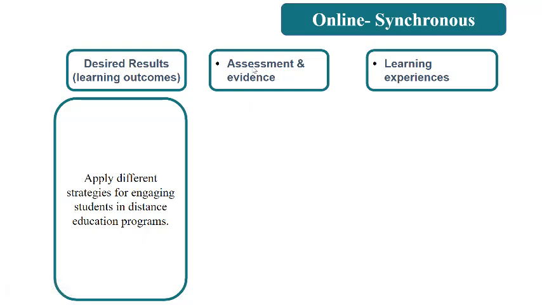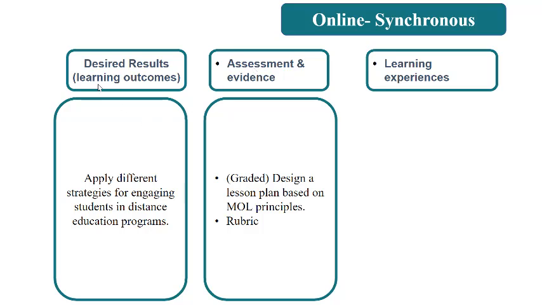Then, what is the assessment evidence that aligns with the desired result and helps to accomplish this learning outcome? For example, I have a graded task to design a lesson plan based on meaningful online learning principles, and here I am also going to use a rubric in order to evaluate your performance.